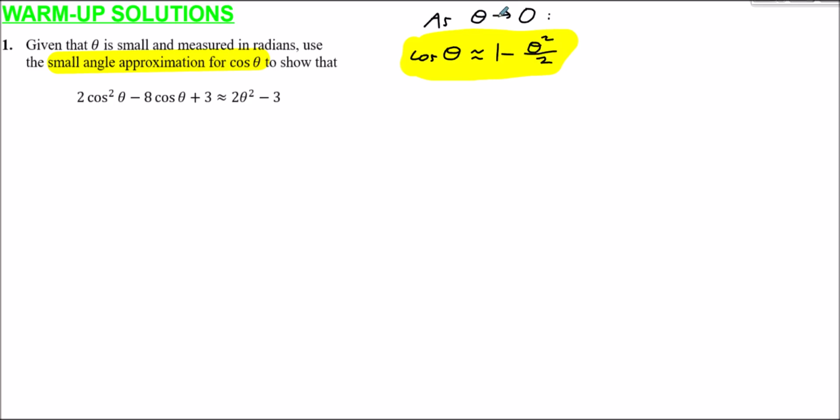Obviously, as theta goes towards 0, cos theta is very close to 1, but by including 1 minus theta squared over 2, that's a slightly better approximation than just simply 1. So including the second term makes the approximation even better.